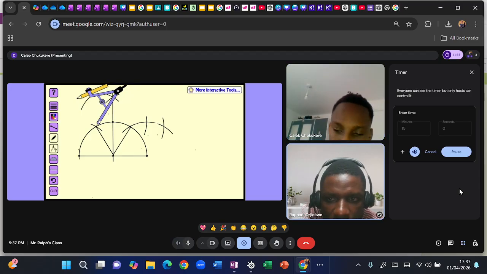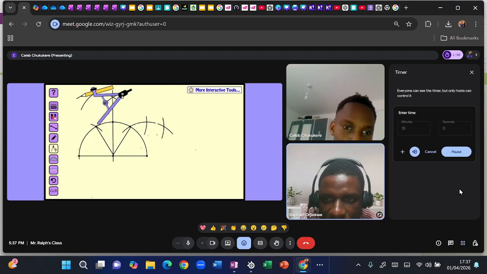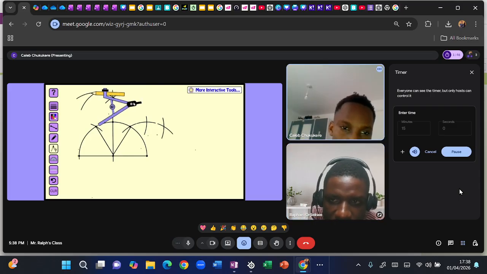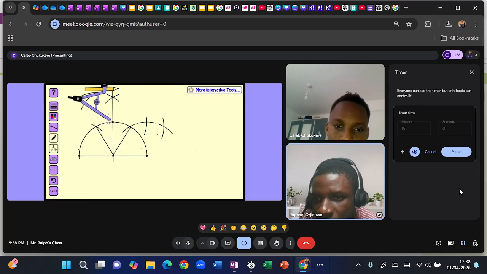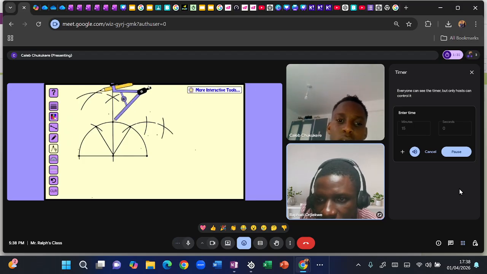Cut the previous arc. Yeah, up, of course. Oh, that was not enough, so you have to go back there to extend the previous arc that you had. Yes, pin the head and extend it, and it finally cut.